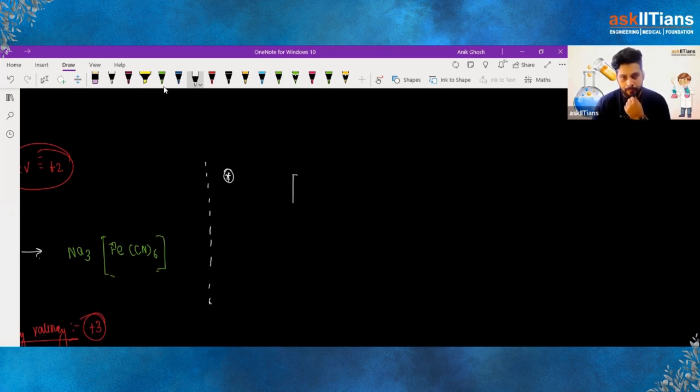The metal over here is cobalt. You are combining this guy with ammonia. 4 of them are ammonia, 2 of them are chlorine, and I have enclosed them in the bracket.